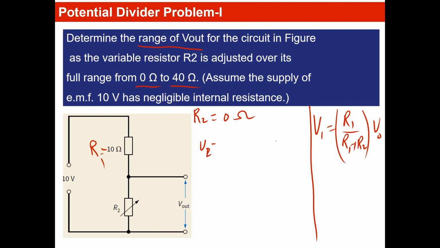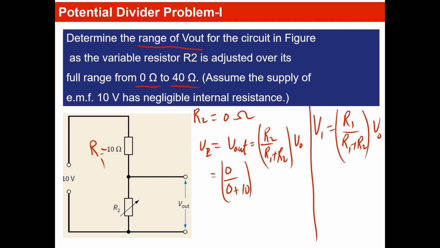V2, or V out, is equal to R2 over R1 plus R2, multiplied by the voltage of the power supply. In this case R2 is 0, so we have 0 over 0 plus 10, multiplied by the power supply voltage of 10. So our answer is 0 volts.